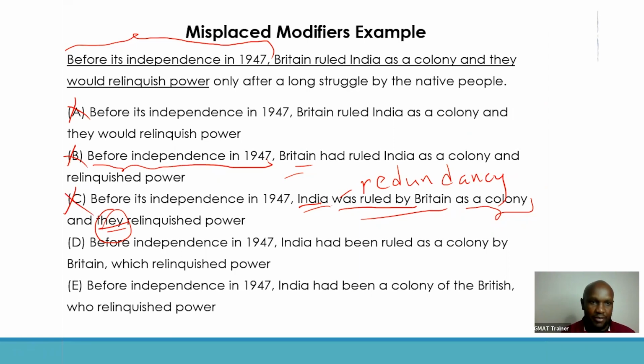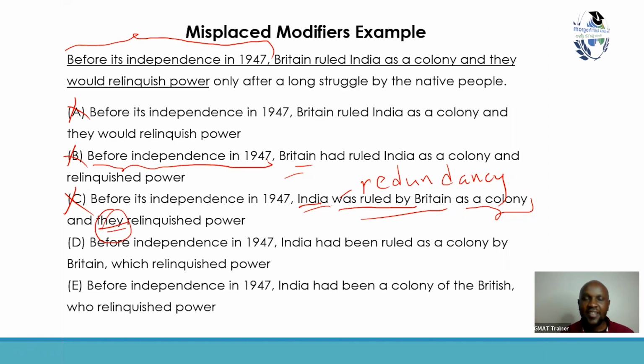D states, before independence in 1947, India had been ruled as a colony by Britain, which relinquished power only after long struggle by the native people. So you can look at that particular sentence and look for whatever errors occur there. Before independence in 1947, India had been ruled as a colony.